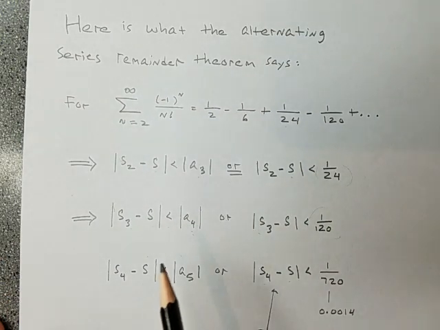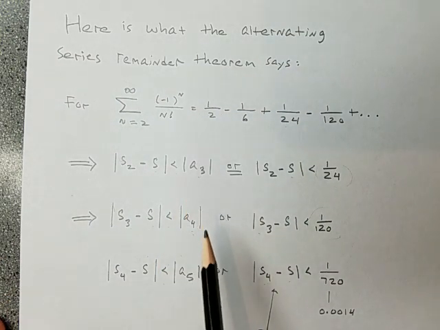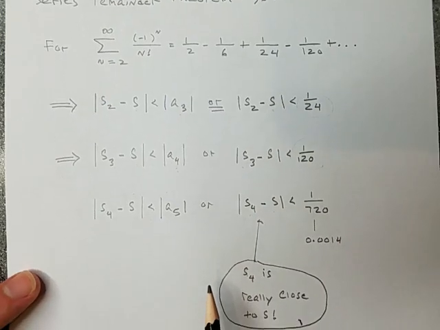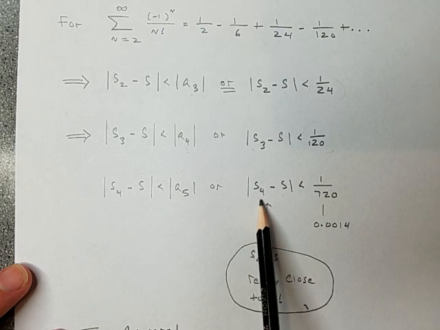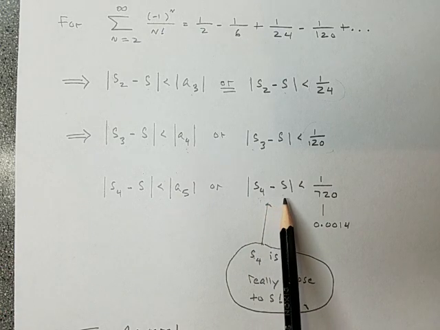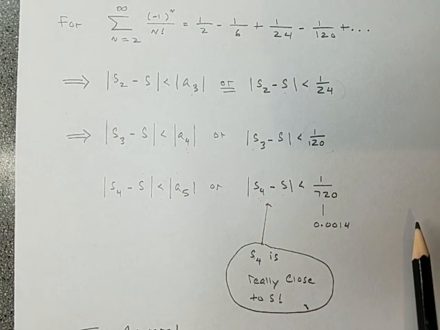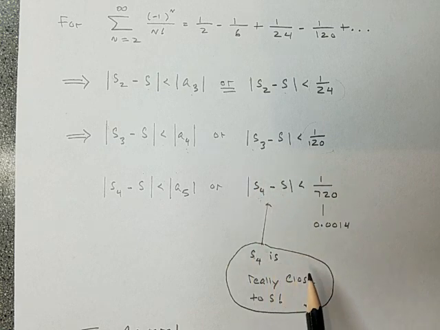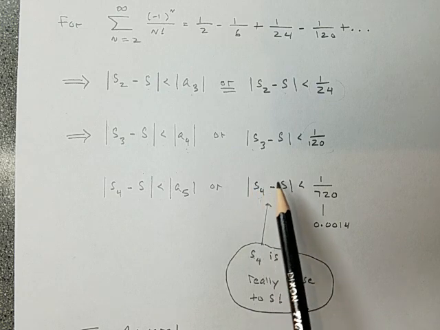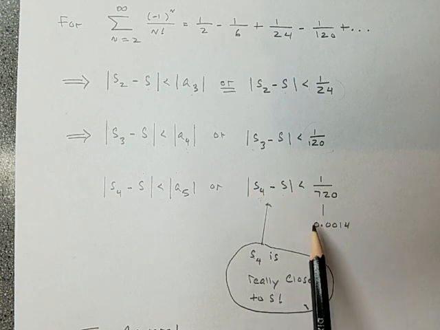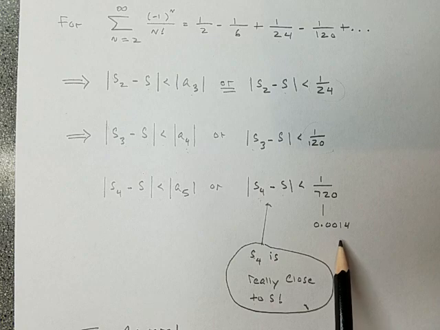I want to show you a pattern. You see all these statements here. You see a pattern to them. And these just tell me how close a partial sum is to whatever the series converges to. Now, can you look at that and see why I'm saying that S4 is really close to S? If you subtract them and take the absolute value of their difference, you're going to get that number. That's real small. That means they're really close together.